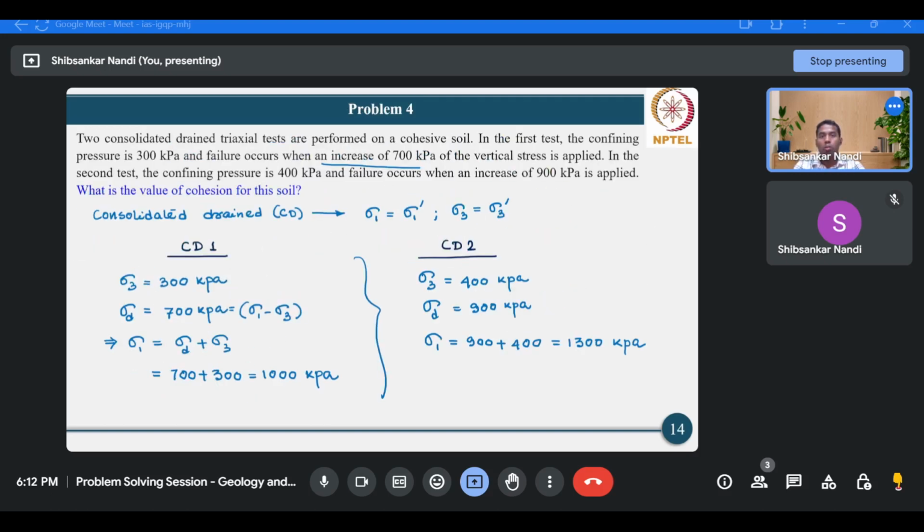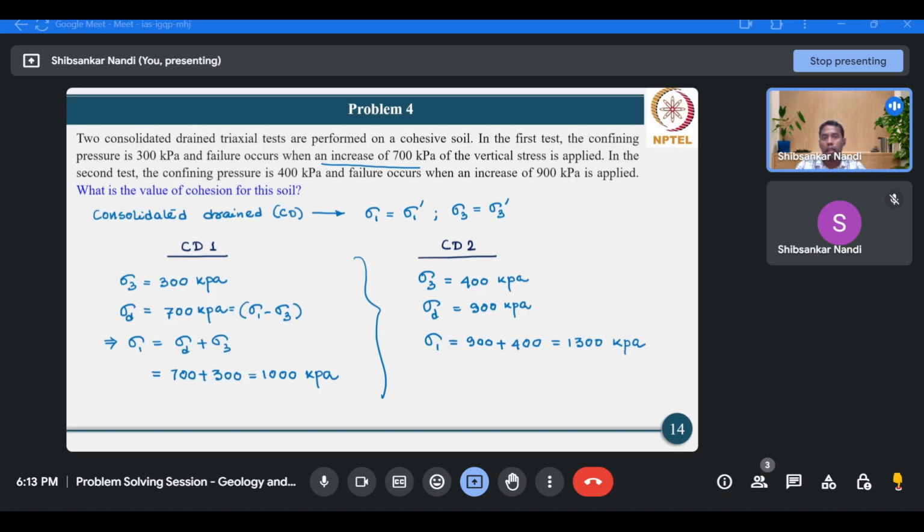Okay, so that's how, if we know the test conditions, or if we perform two tests on the same or identical soil sample, we can easily calculate the shear strength parameters. This is obviously pertaining to the case of consolidated drained. So this is the analytical approach. We can also go for the graphical approach, where we plot the two Mohr circles corresponding to the failure state of stress obtained from CD1 and CD2.